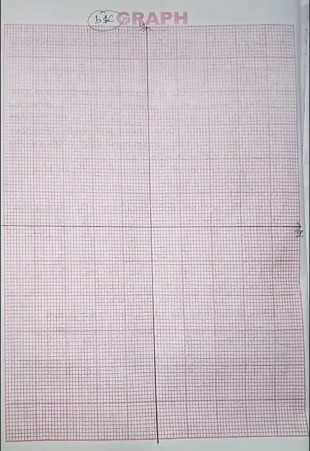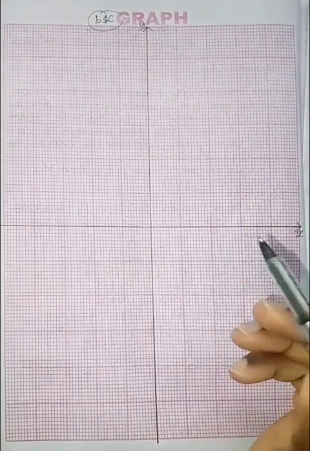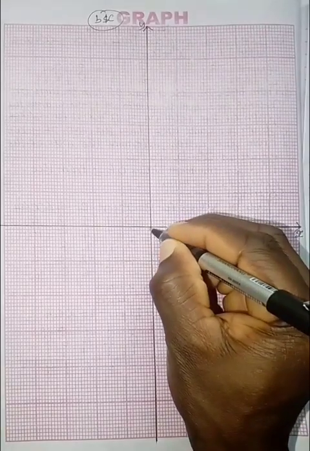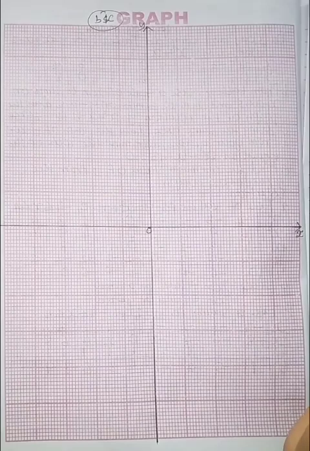There is this graph that has 5 lines in each box. That one by default is 1 cm. So this one is 2 cm. You have to mark the origin to be 0, the point of intersection of the two axes.